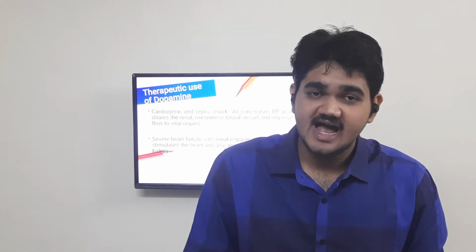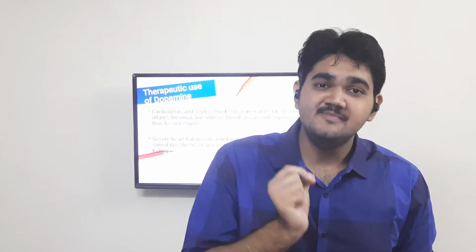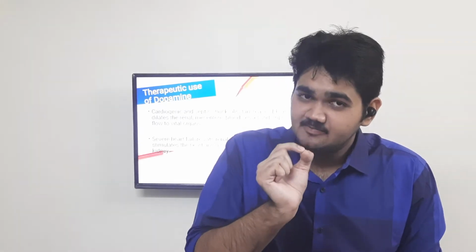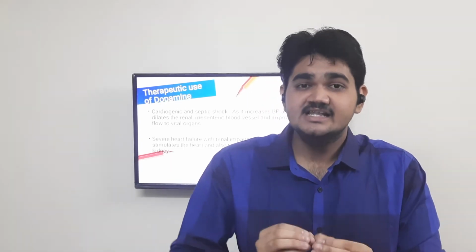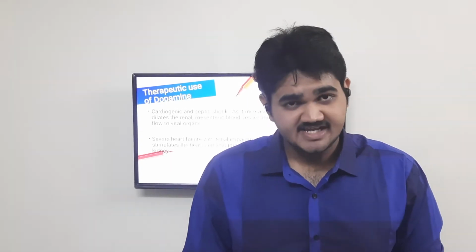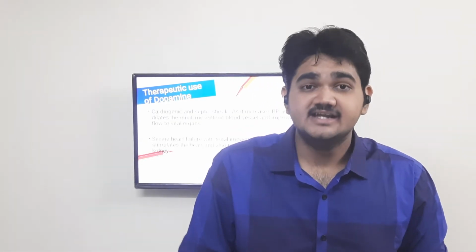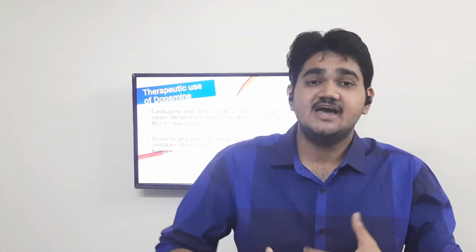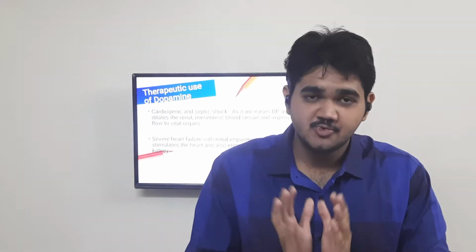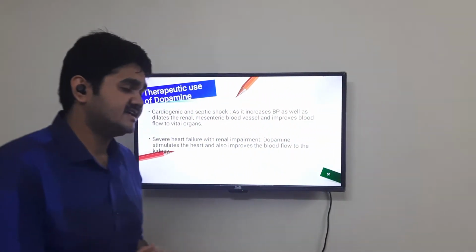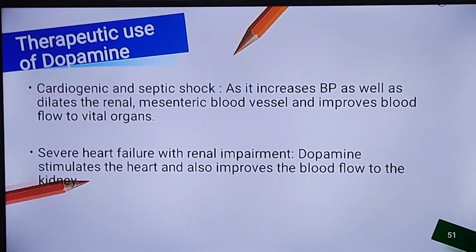Because in shock, as I told you, blood pressure कम होता है. Our dopamine can increase the blood pressure, and also it can dilate our renal blood vessel. उससे क्या होगा? More blood can go to the kidney, and there will be more GFR, and thus there will be more urine output. So our dopamine is a drug of choice in cases of shock along with oligourea.